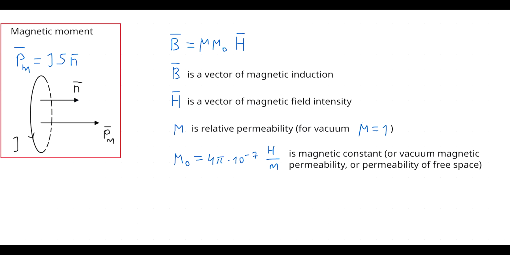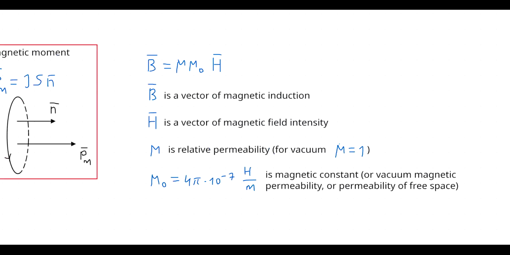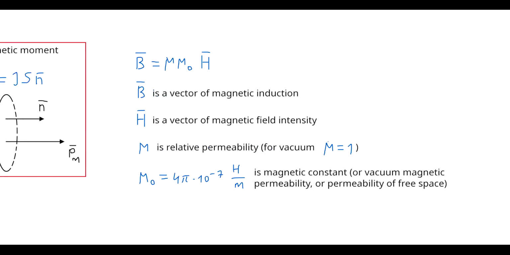And often, instead of mu, another value, chi, may be used.